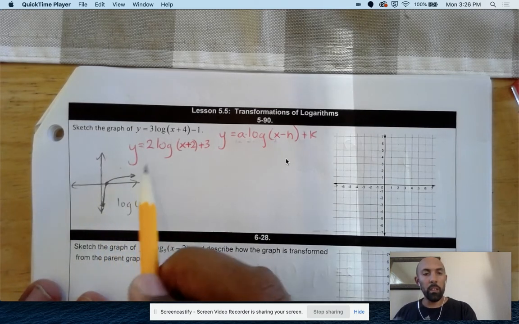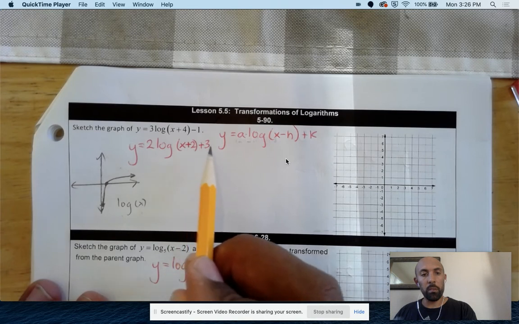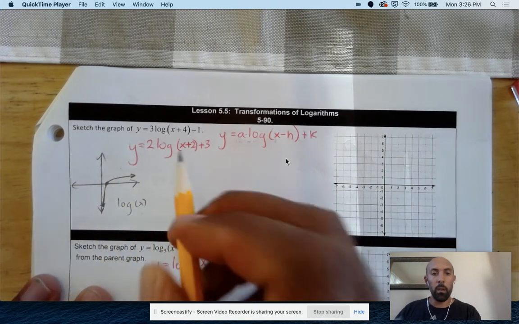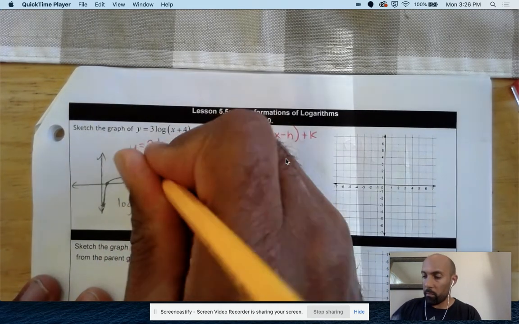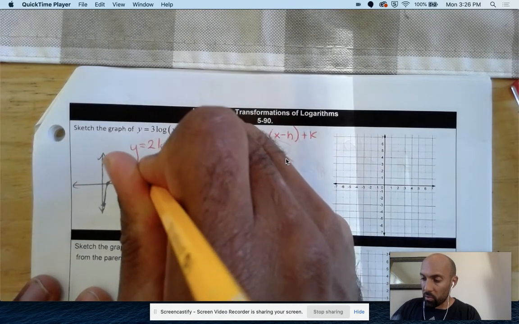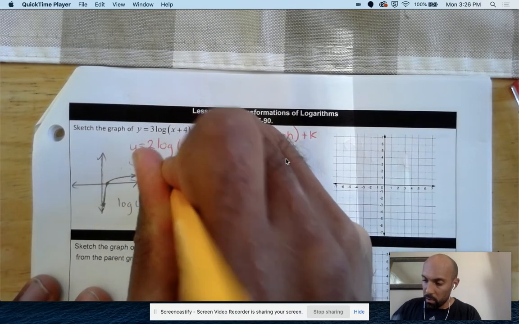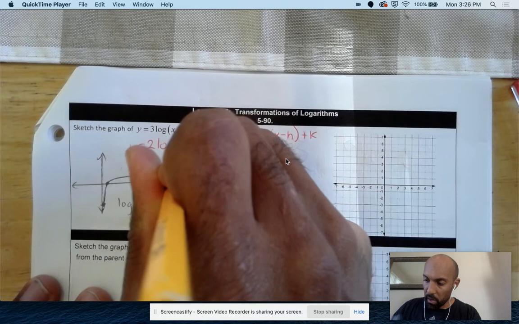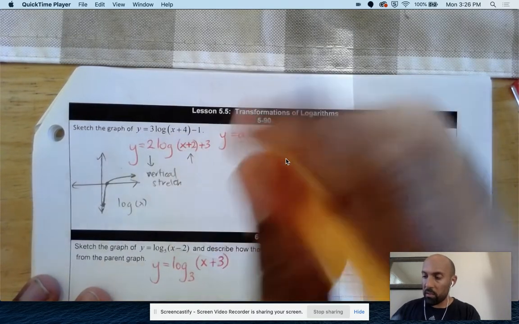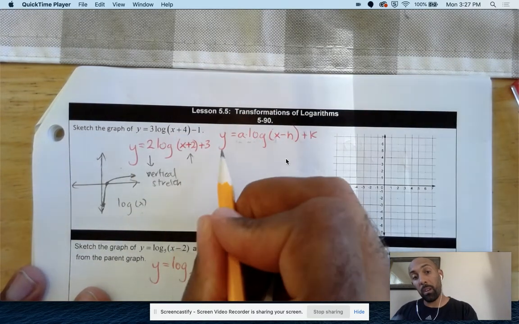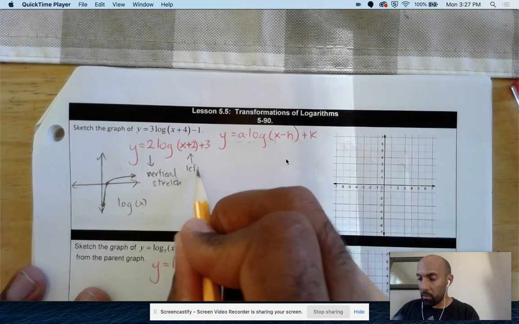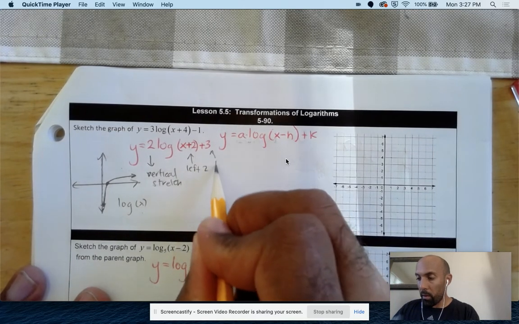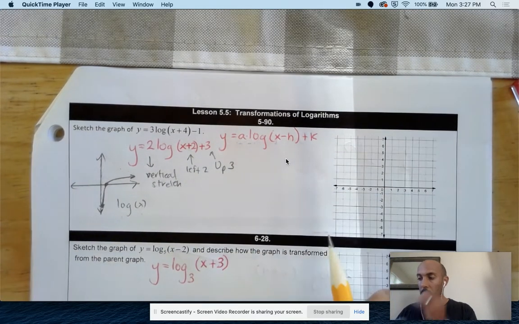All right, so what we're going to be looking at is what these numbers will cause that to do. All right, so this, you guys remember, that's a vertical stretch by a factor of 2. This is going to move it not to the right, but to the left 2. And this will go up 3.